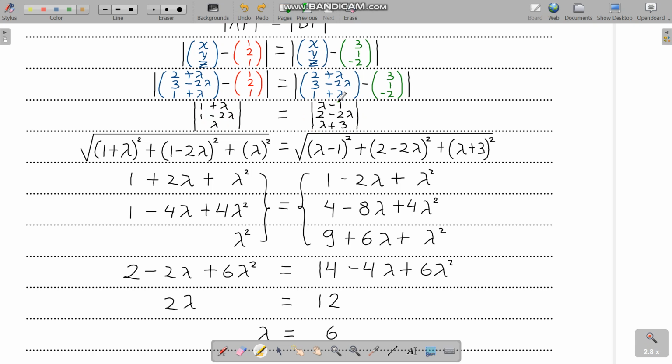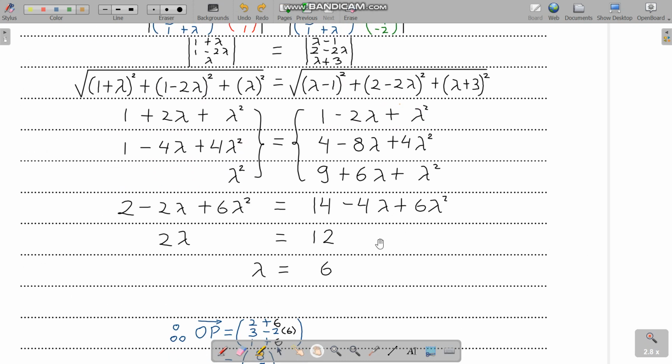Now we square both sides, so we cancel out the square root, and then expand it like this. For the 1 plus lambda all squared, we get this, 1 minus 2 lambda all squared, and lambda squared. Same thing on the right, just expand like this so we can add everything easily.